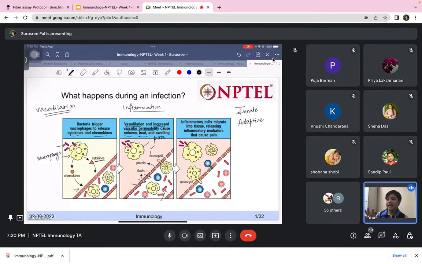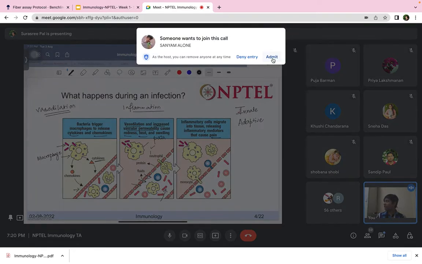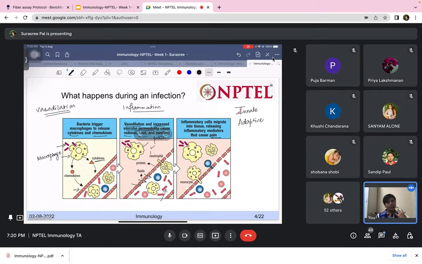When these inflammatory cells migrate into this tissue, they release some mediators which will cause pain also. And this is actually one of the first responses when infection happens inside our body. So this is one of the innate immune responses which occur, right?